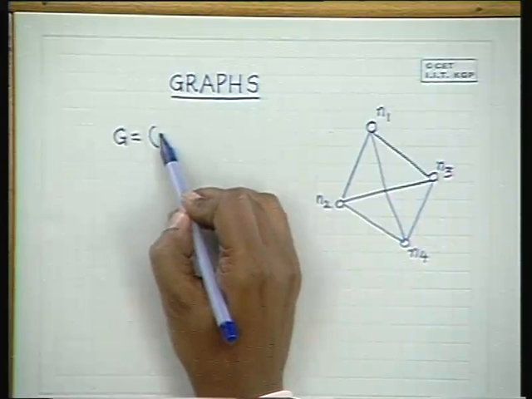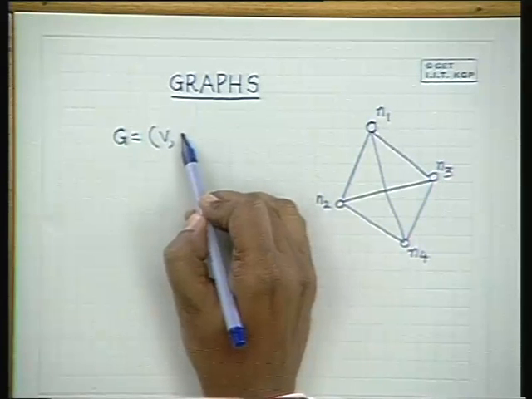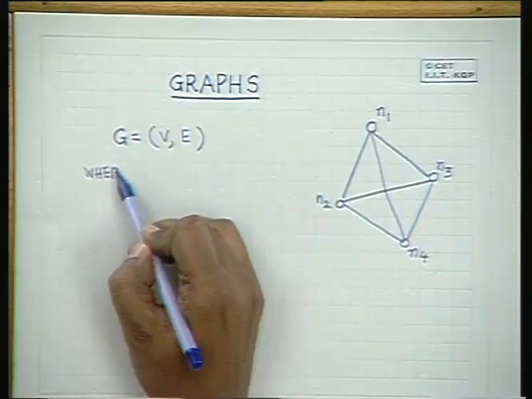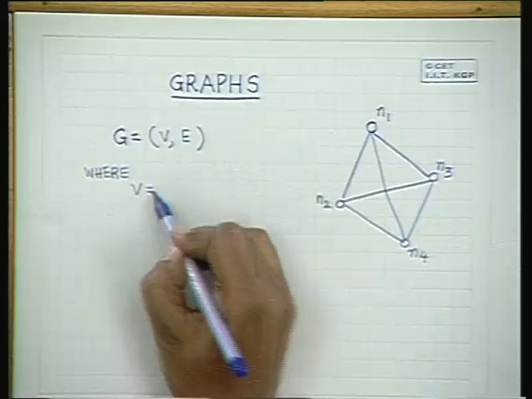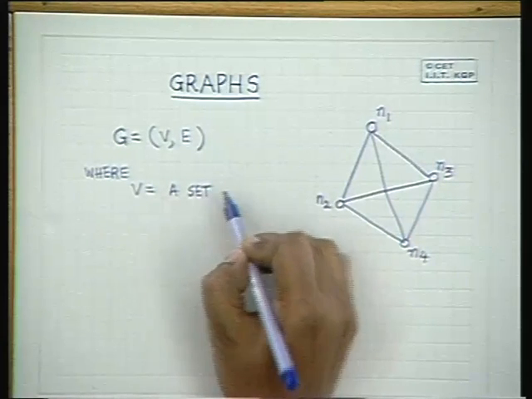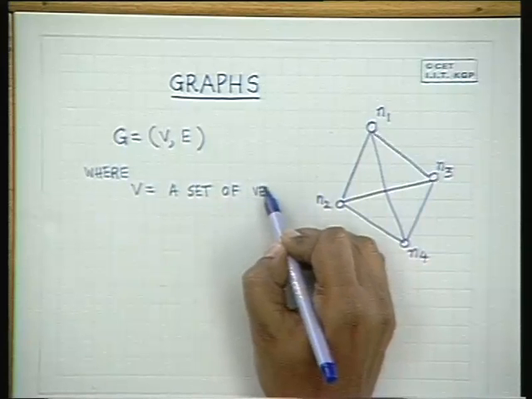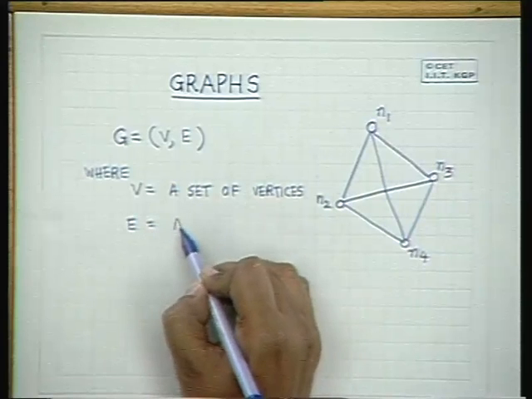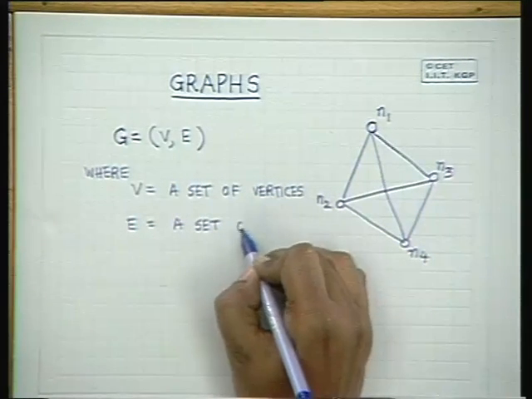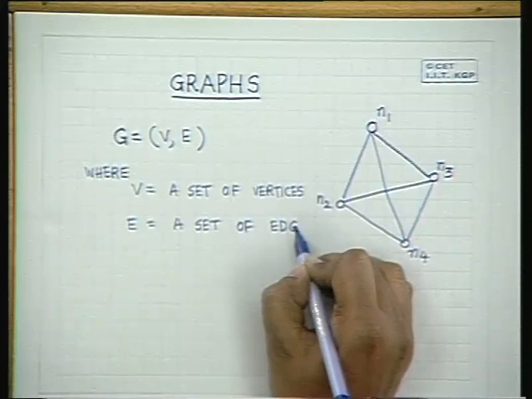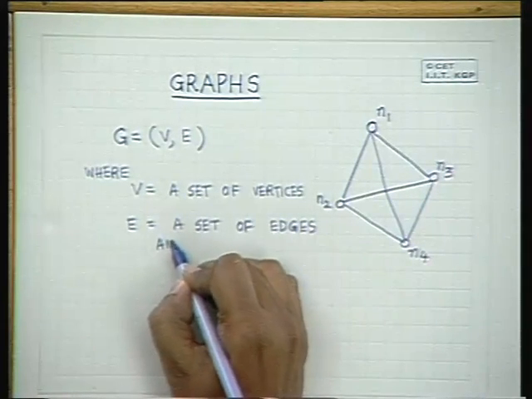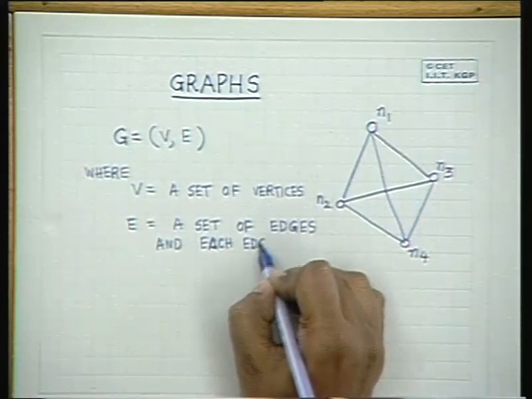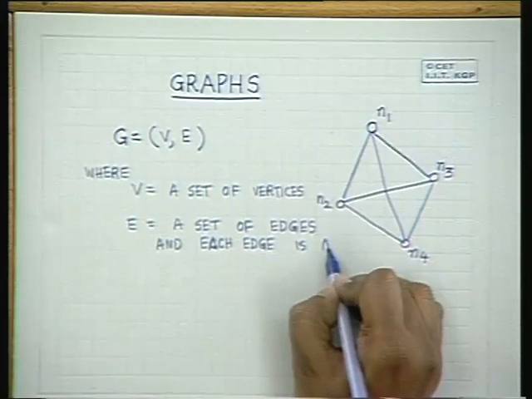A graph consists of a set of nodes or a set of vertices V and a set of edges E, where V is a set of vertices and E is a set of edges, and each edge is a pair of vertices.